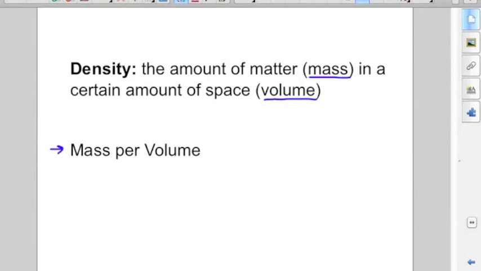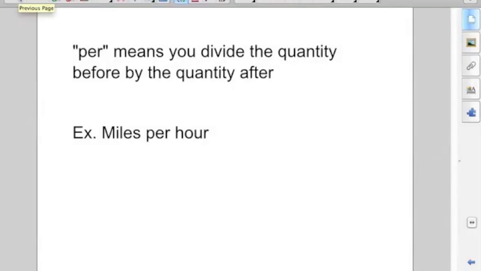Now this word, per, is something that we haven't used before. So before we talk about density, I want to talk about per and what per means. So the word per here means that you divide the quantity before by the quantity after the word.